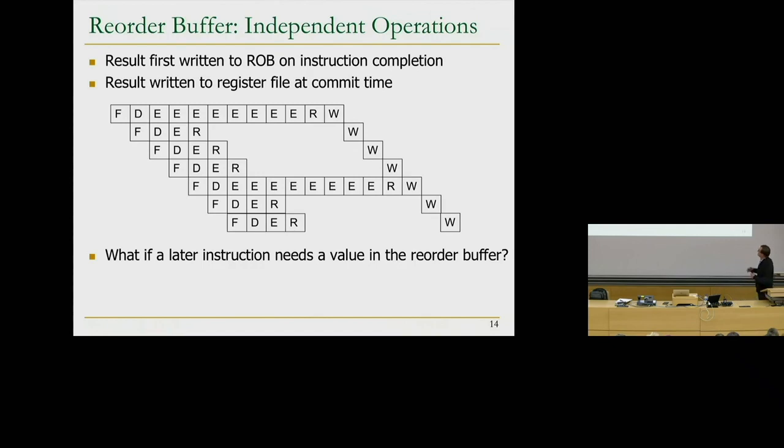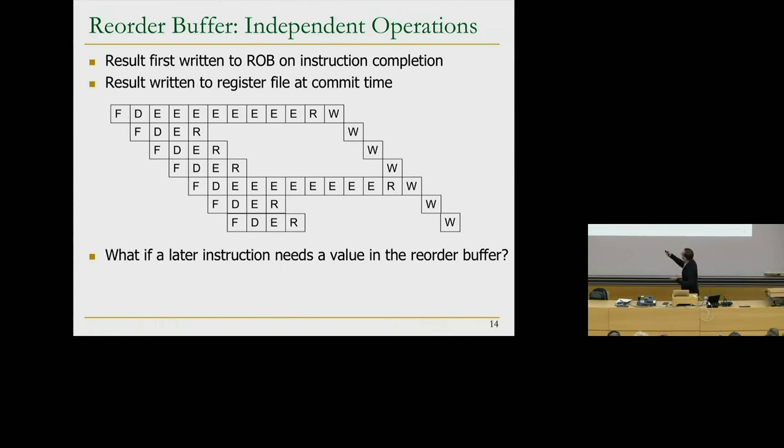So there's a key question over here. What if a later instruction needs a value in the reorder buffer? If there's a dependence. This is not the case over here, but assume that there's some other instruction that you're fetching. It needs the value that was written by this instruction, let's assume. The value is there in the reorder buffer. But what do you do with that instruction now? It's actually produced, right?